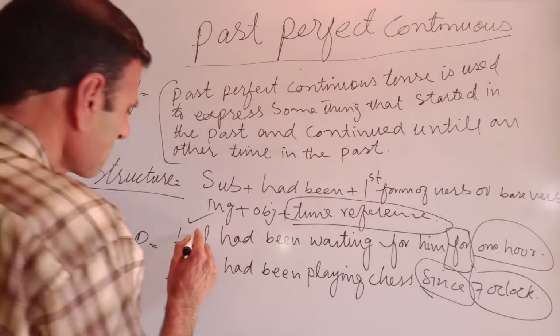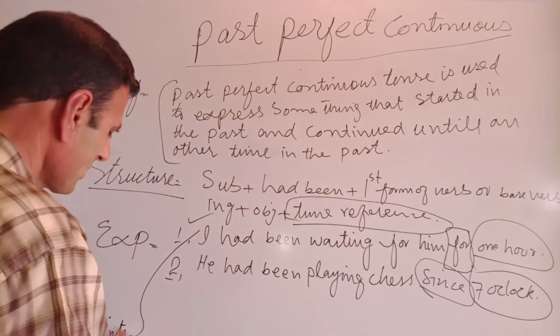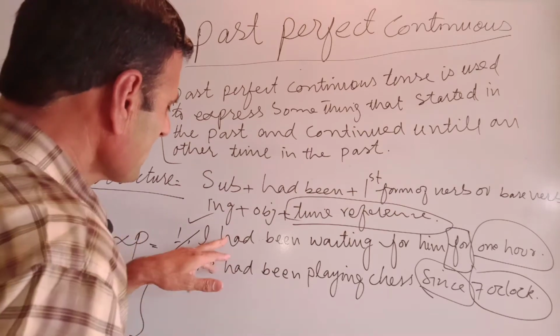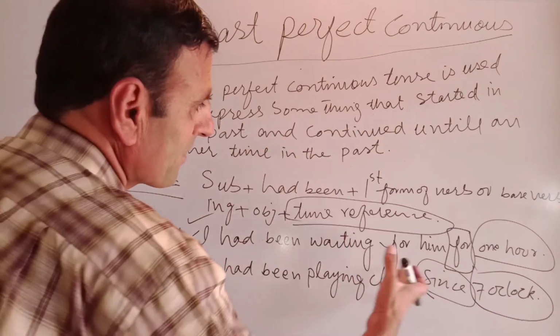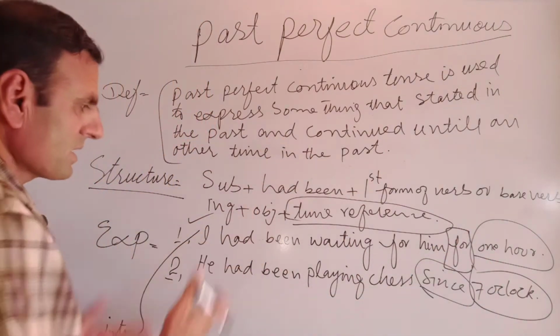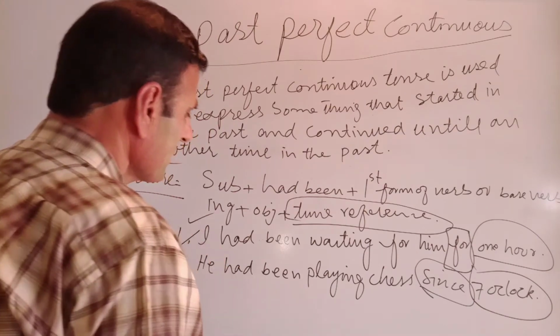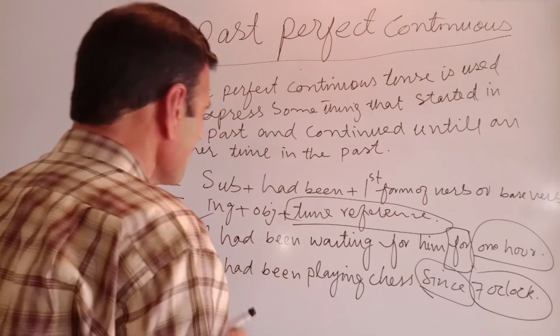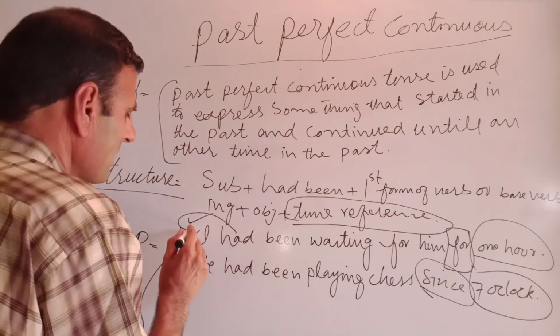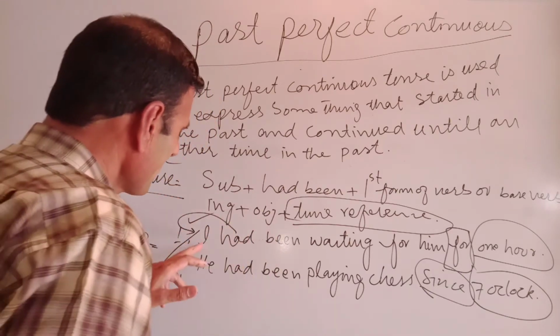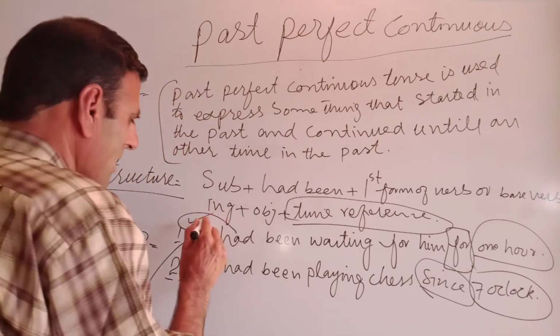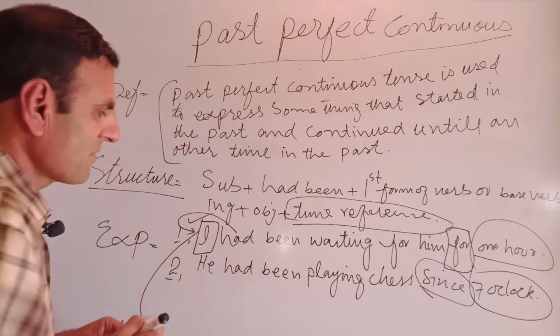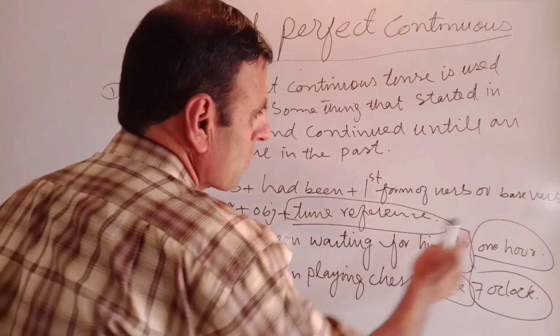Now we change the first sentence into interrogative. This is an affirmative sentence: I had been waiting for him for 1 hour. Interrogative means we are asking someone if I was waiting or not. So we put had, the helping verb, before the subject. I is the subject of the sentence because of SVO: subject, verb, object.